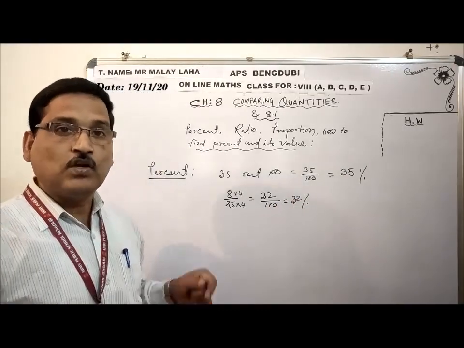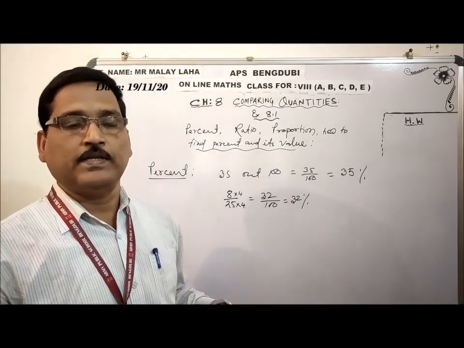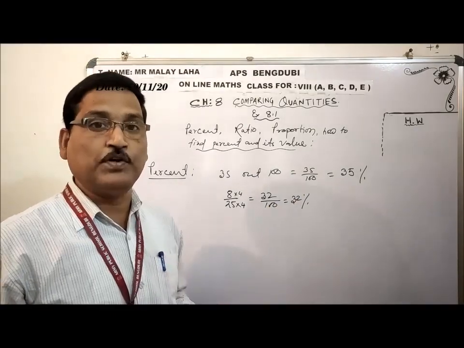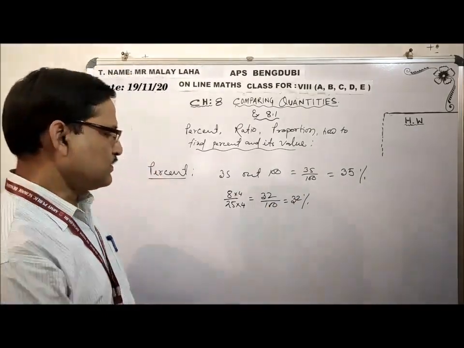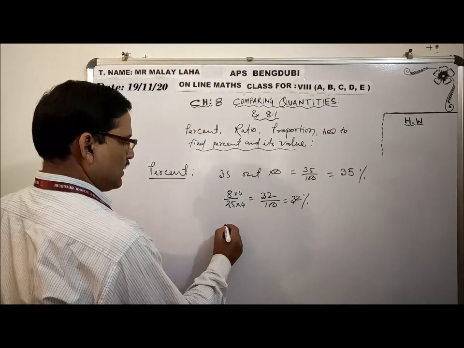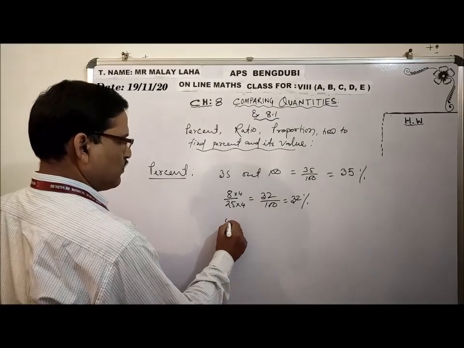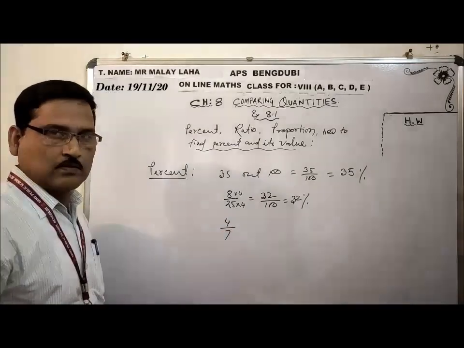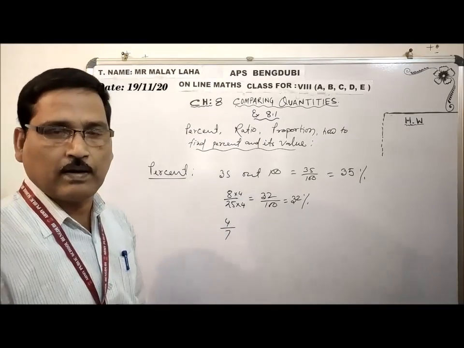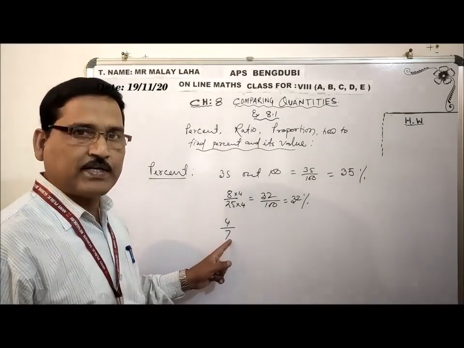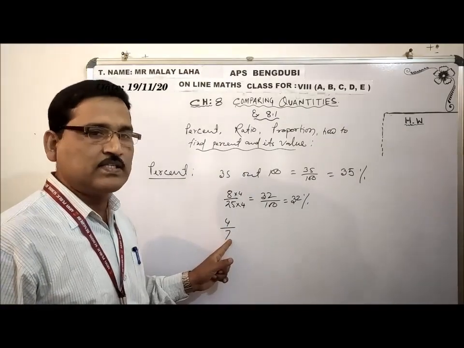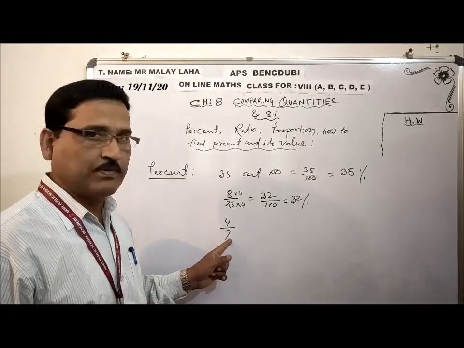But it is not possible all the time to convert the denominator completely to 100. Suppose here I am showing you, you have got 4 marks out of 7 marks. How can I make it a percent? I cannot make the denominator 100. There is no number which when multiplied by 7 gives 100.